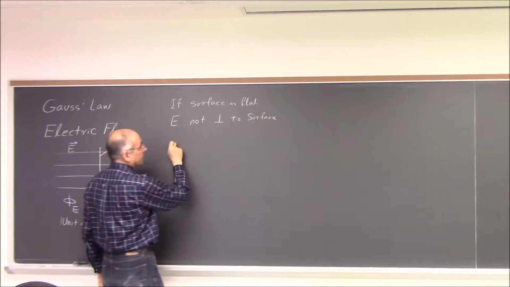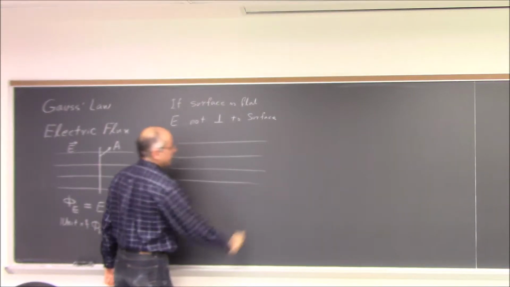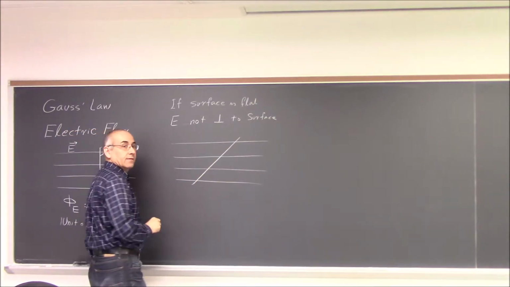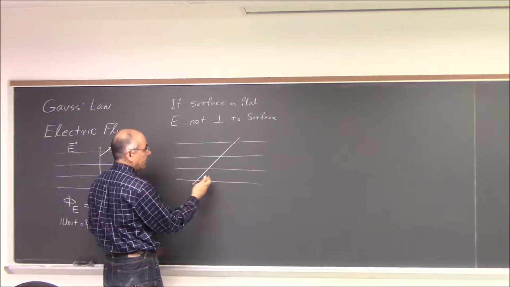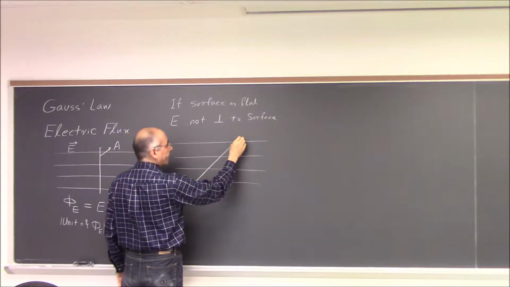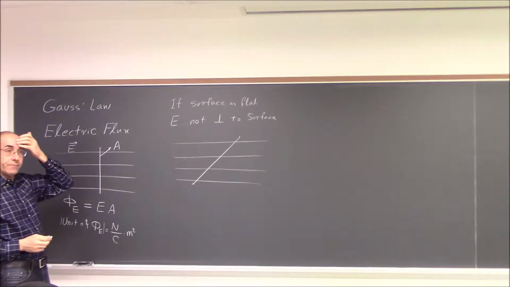If E is uniform, again we denote it by parallel lines, and the surface this time is like this. As I'm showing the cross section, of course, there's a dimension that way. So how much flux goes through this one?